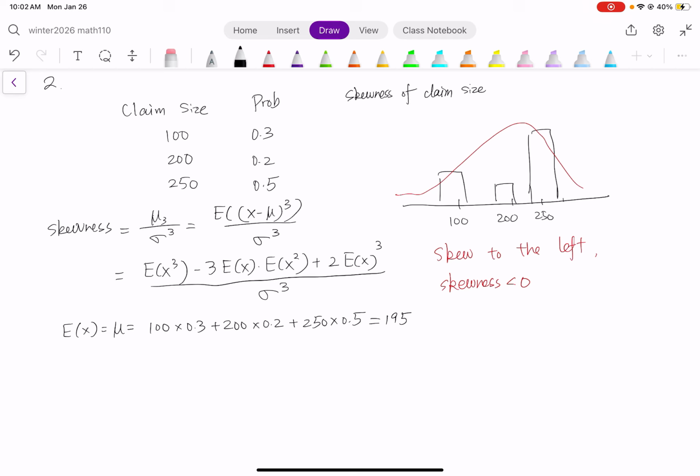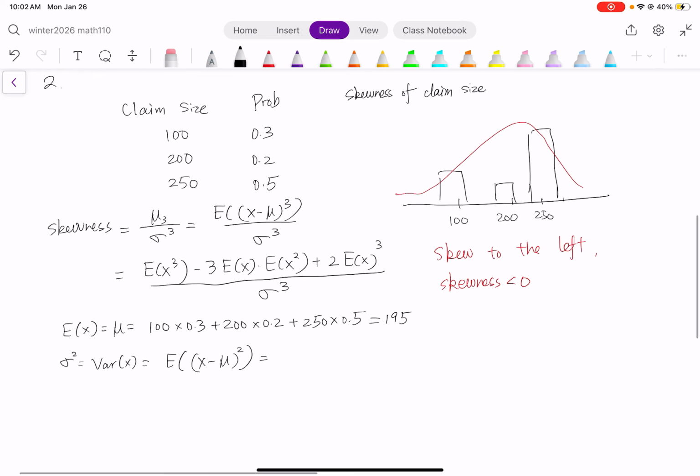Now let's calculate the variance. We need the variance because variance is standard deviation squared. Variance has its own definition: the expected value of x minus mu squared. This is called the second central moment, mu 2.